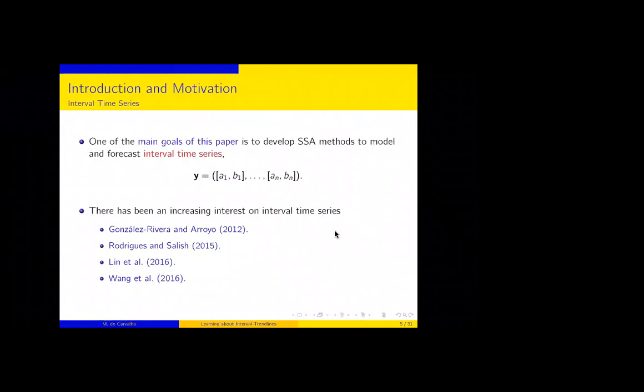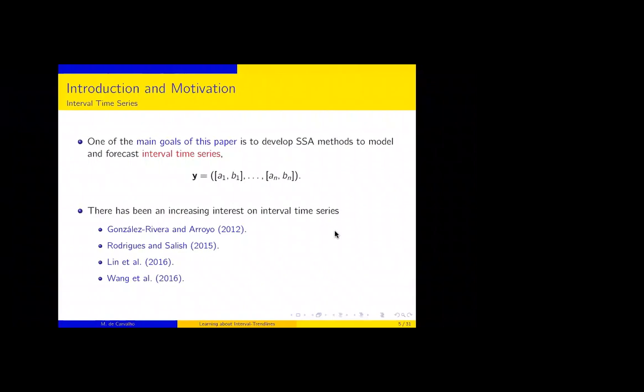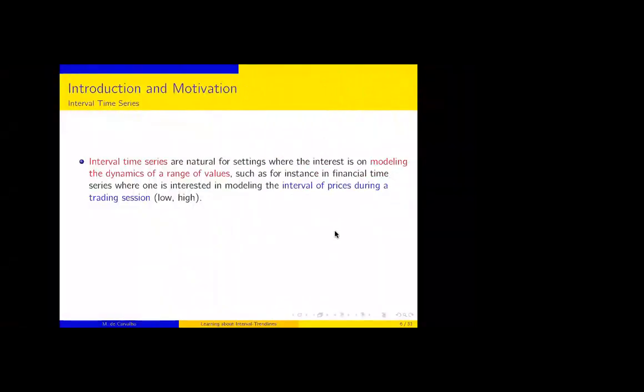But why do we care about interval time series? Well, they are natural for modeling the dynamics of a range of values. Whenever, rather than just modeling the signature of a certain process of interest, you have to model a range of values over time, that's when interval time series become key.